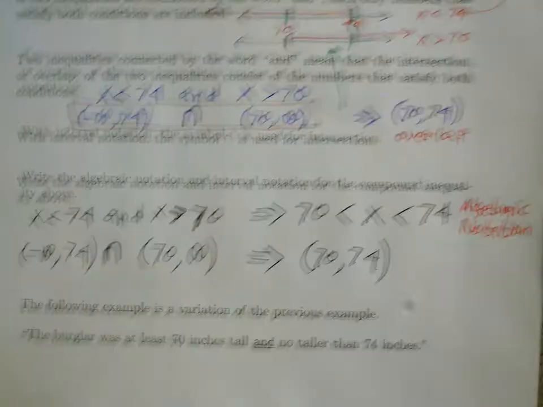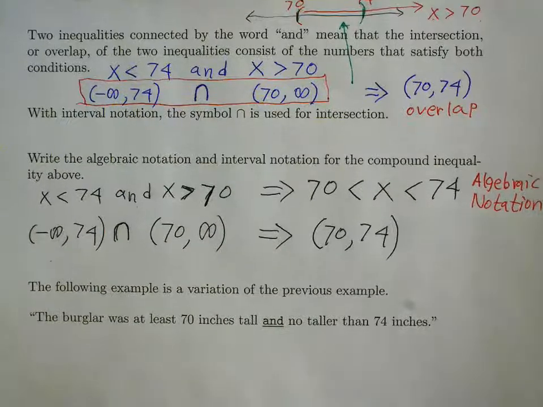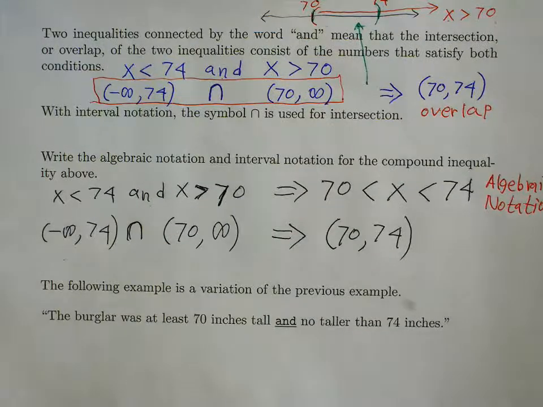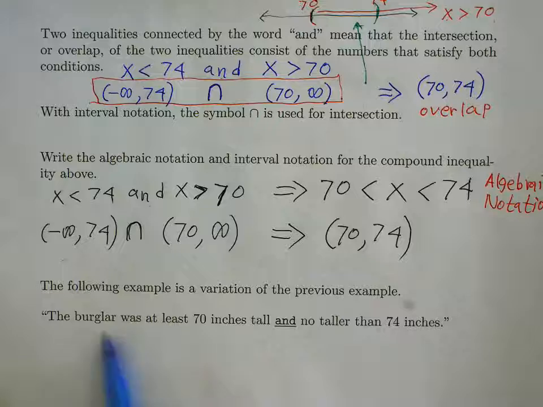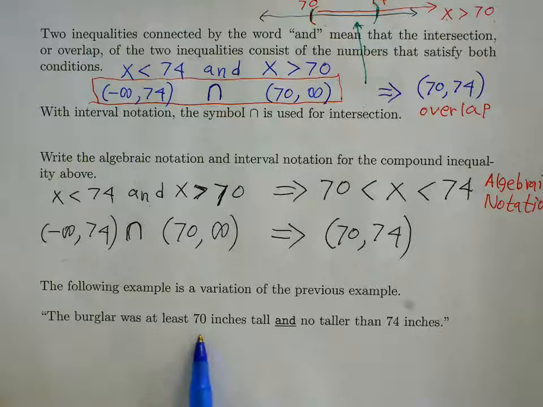Okay, let's look at another statement involving the burglar. This time it says the burglar was at least 70 inches tall and no taller than 74 inches. Well, if the burglar was at least 70 inches, then the burglar could have been exactly 70 inches or taller.